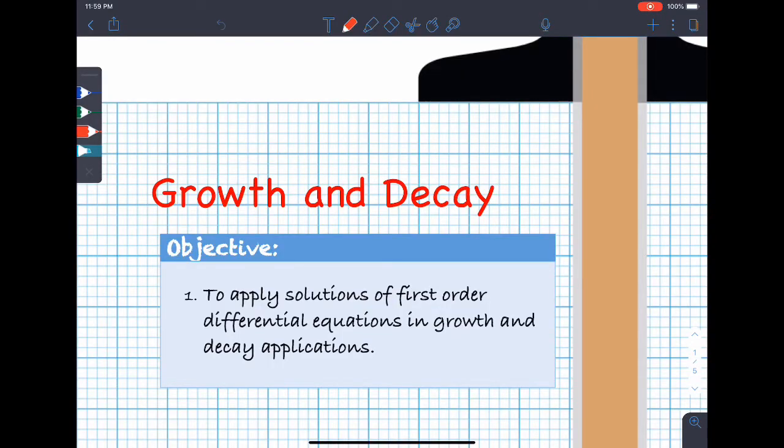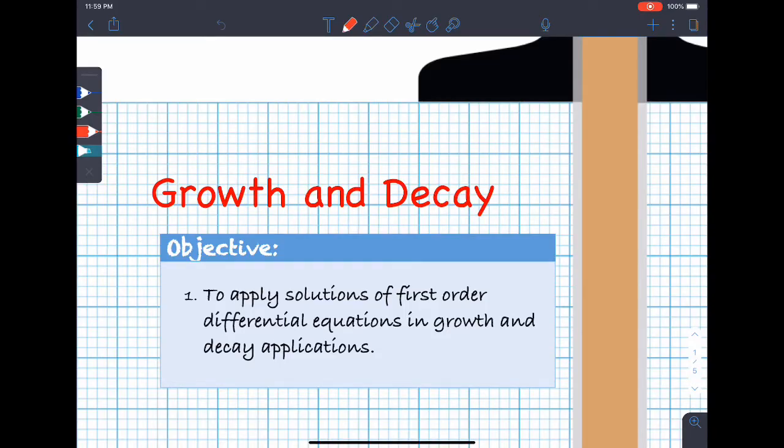As long as we know the initial population at a reference time, and we have another set of data pertaining to the population at another period of time, we'll be able to predict the future population, depending on how the population increases or decreases. That's an example of growth.